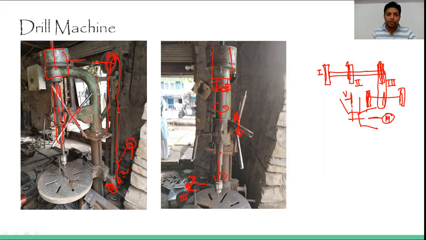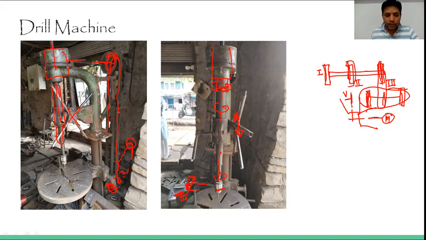So we can perform two machine operations in a single equipment. By using this assembly, we are using the drilling machine, and along with that we are using the grinding as well. It depends: when you remove this belt from this pulley, this part will not rotate, and the complete power is transmitted to the drill only.